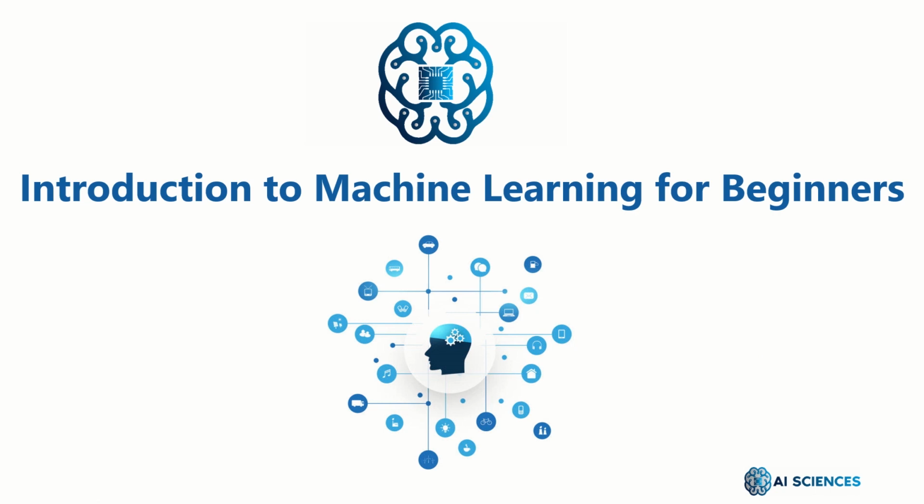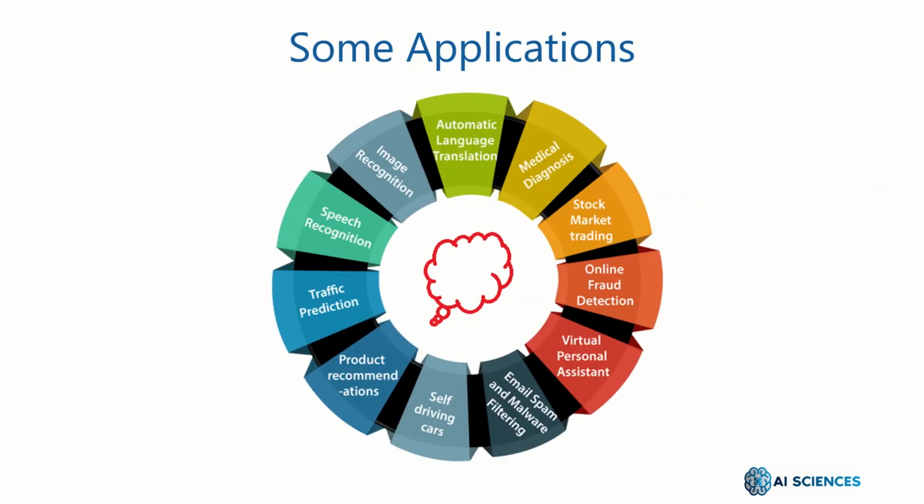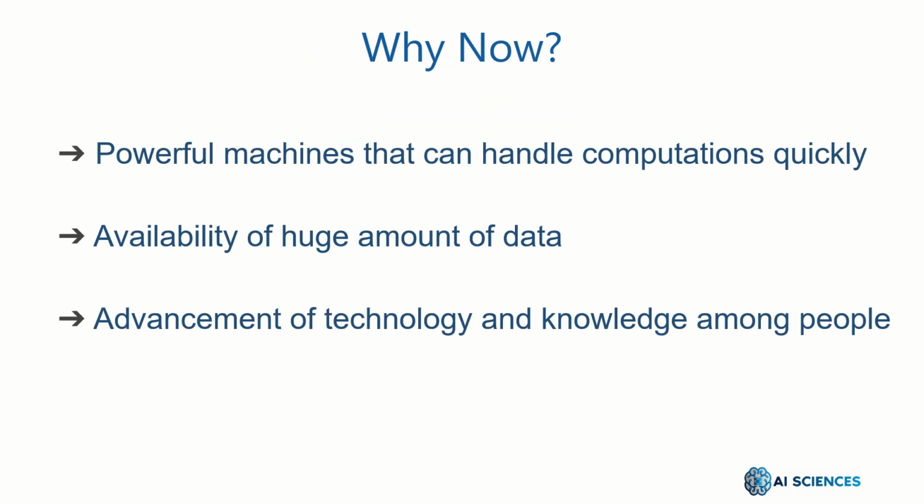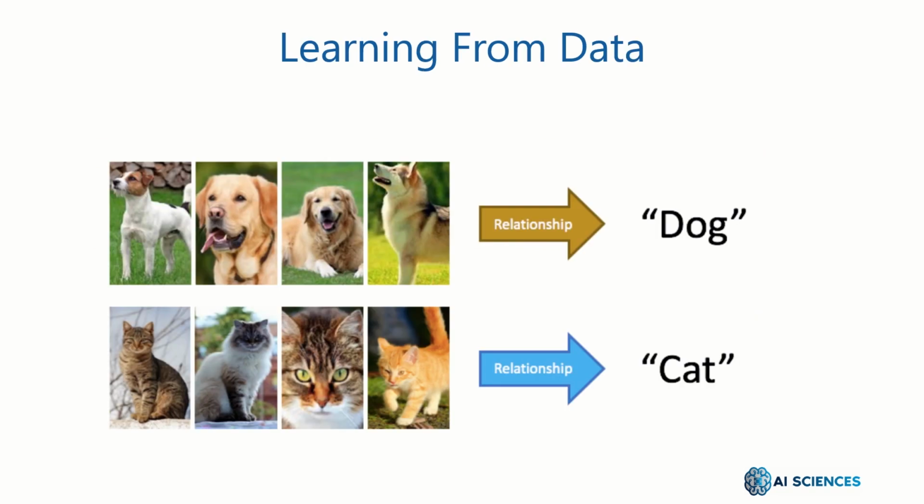In the previous video, we saw some of the applications of machine learning, and we also saw why at this particular time, machine learning is getting more and more attention. We discussed certain factors, for example, availability of data and computing power, as well as the software stack.